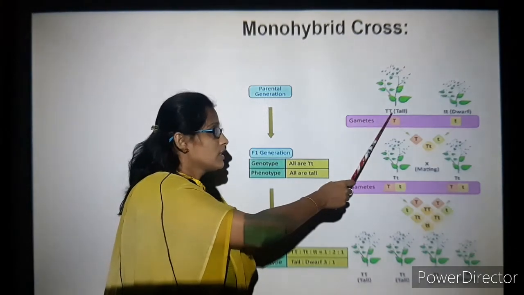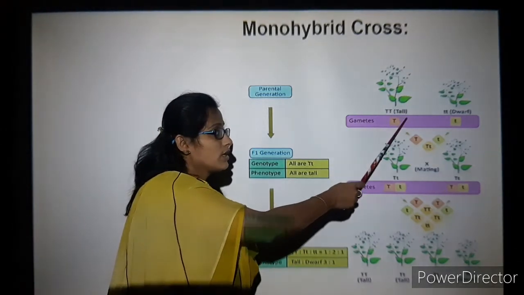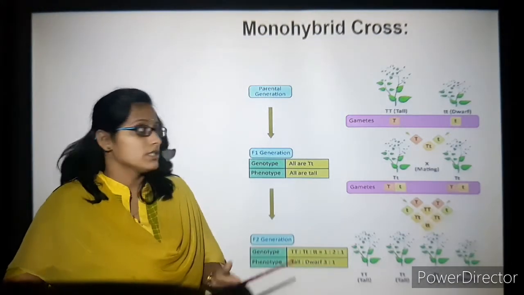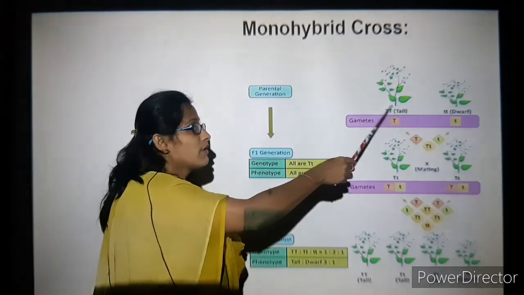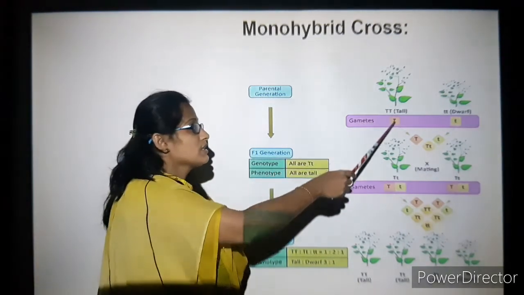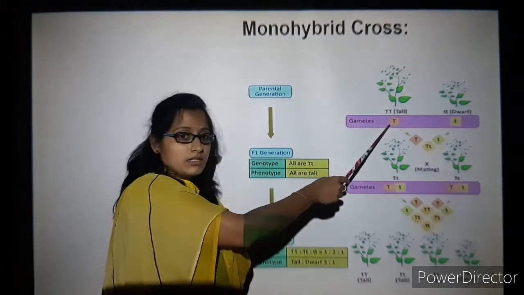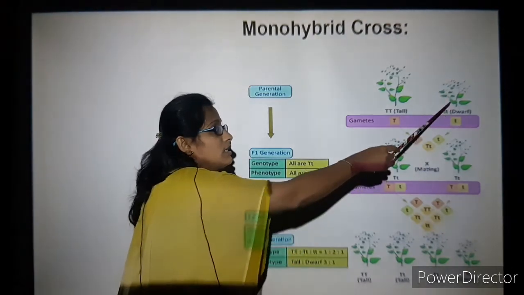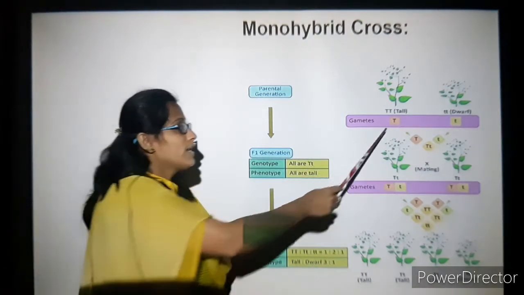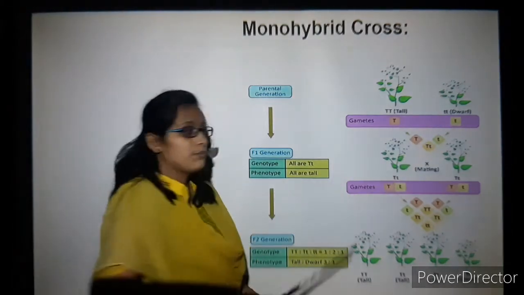So you can see T which represents tallness, and small t represents the dwarfness. So hence from this he is going to cross it now. So tallness gamete is represented as a single T, and here dwarf gamete is represented as a small t.